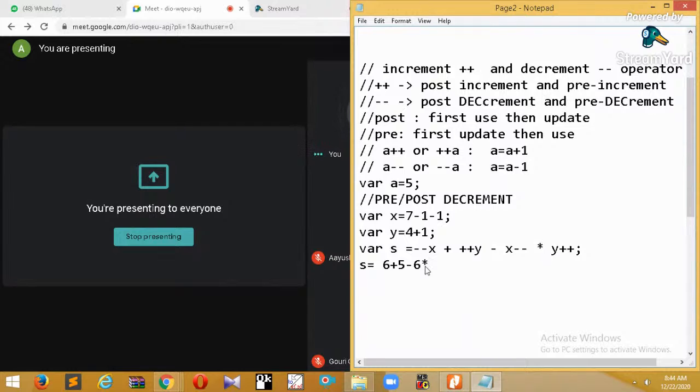Here I'm just using an asterisk, and then y plus plus is there. So again, what is this operator? Post operator. So what does it mean? You will use the last updated value of y. So what was the last updated value of y? 5.